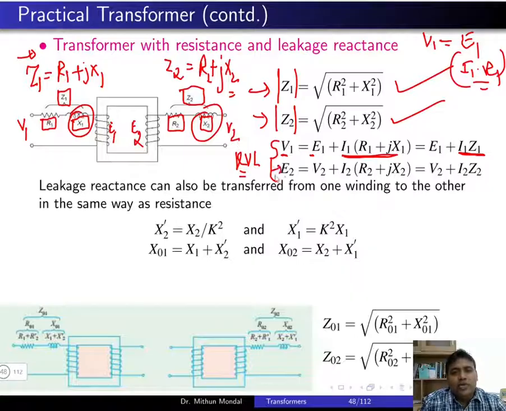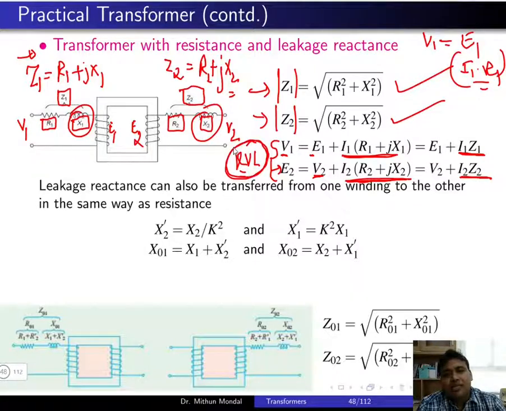So E2 you can write as V2 plus the total drop in Z2. So I2 into Z2 you have to include on the secondary side, that is I2 times R2 plus j times X2. This completes the KVL equation on the primary side and the secondary side, including the resistance and the reactance.